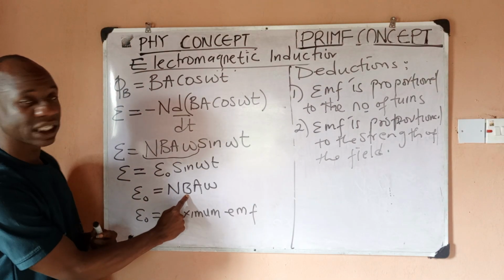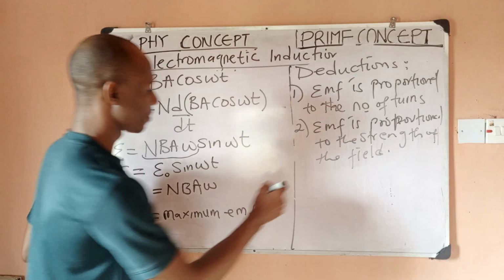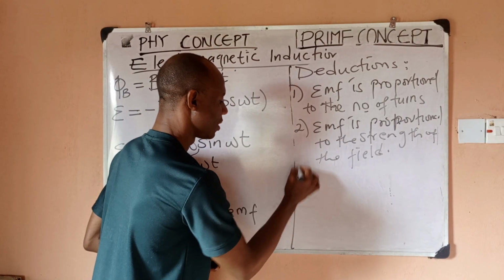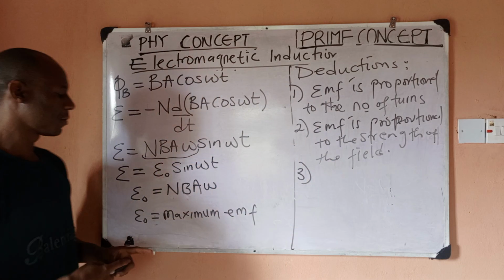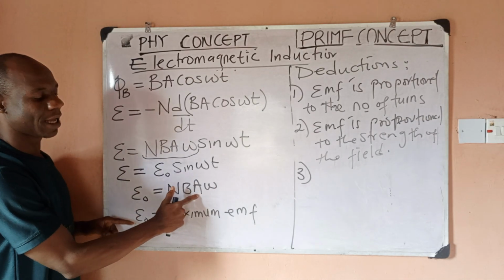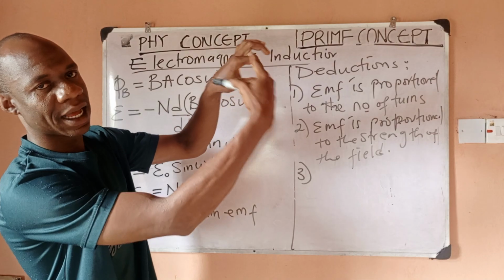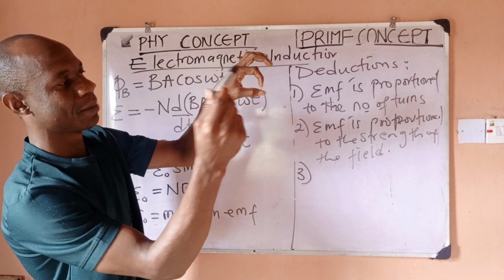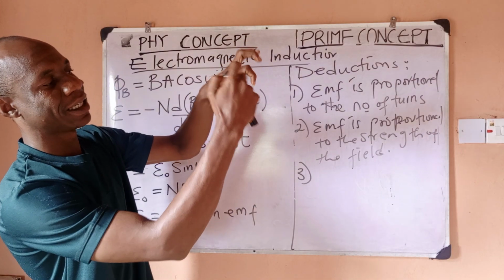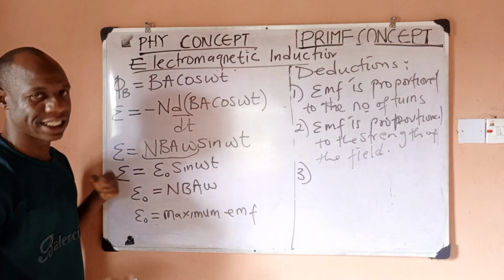You can see it, B represents the magnetic field strength, right? Number 3, deduction you should also take note of, is that the EMF is proportional to the area of the loop. So you have a loop like this now. My hand forms a loop, and this is my magnet, right? So if I create a larger loop, then I would have an increased EMF.